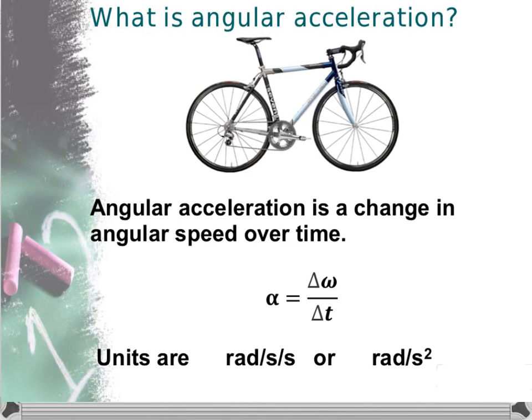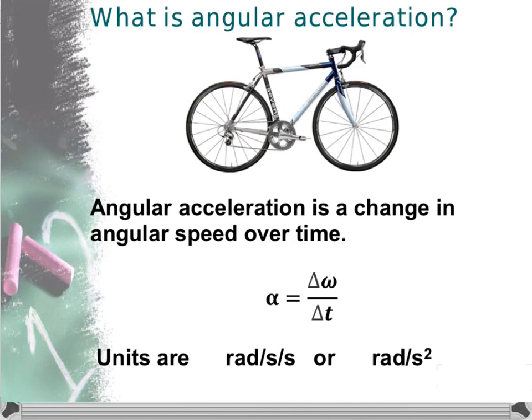In our last unit, we only ever talked about something going around a circle at a constant speed. But if you hop on a bicycle, you have to get it up to some constant speed by starting to spin these tires from rest. You could imagine that they start off slowly, but then as you pedal and get up to speed, they spin faster and faster.